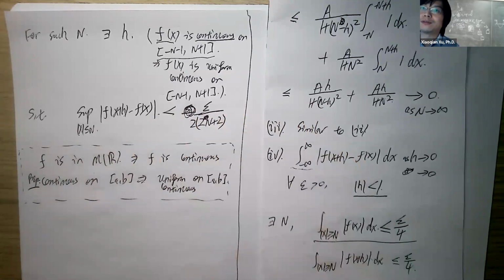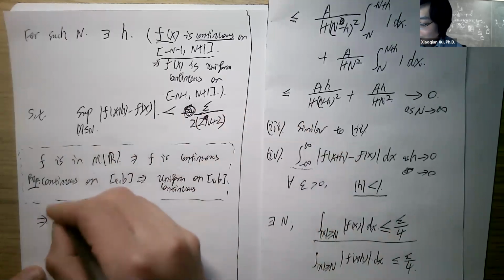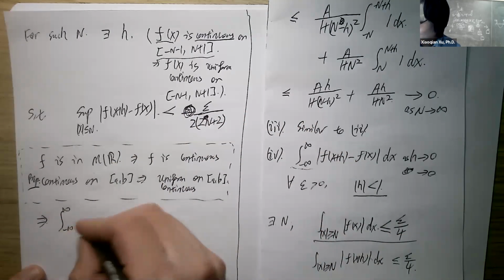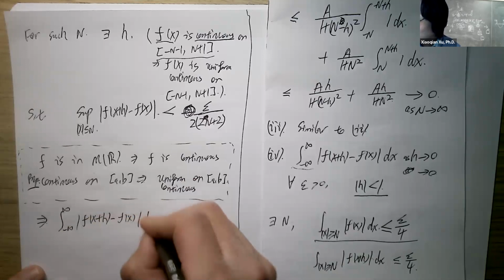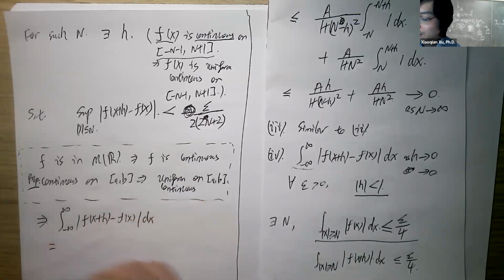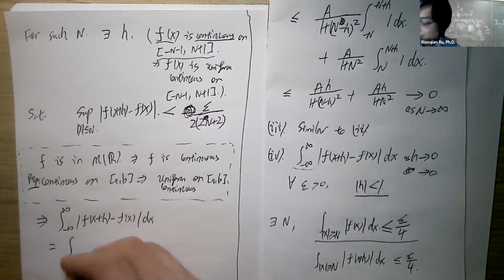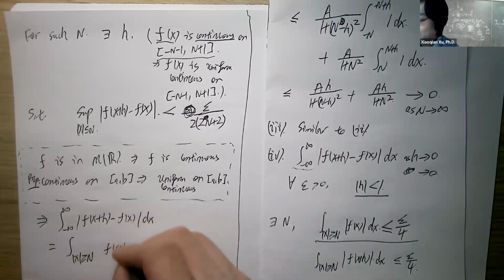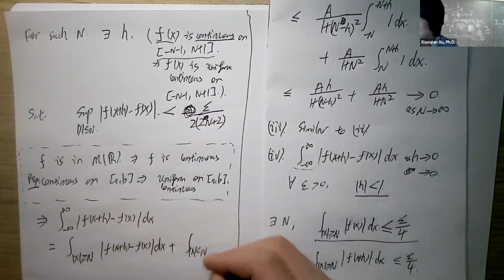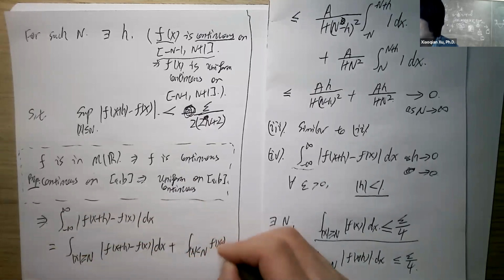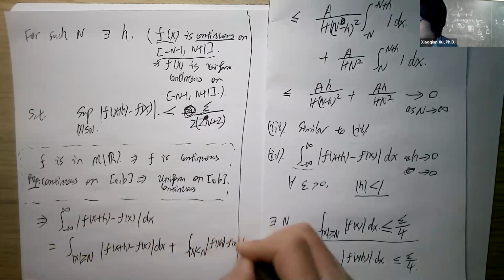So the integral from minus infinity to infinity of |f(x+h) minus f(x)| dx equals the integral over |x| greater than or equal to n plus the integral over |x| smaller than n.